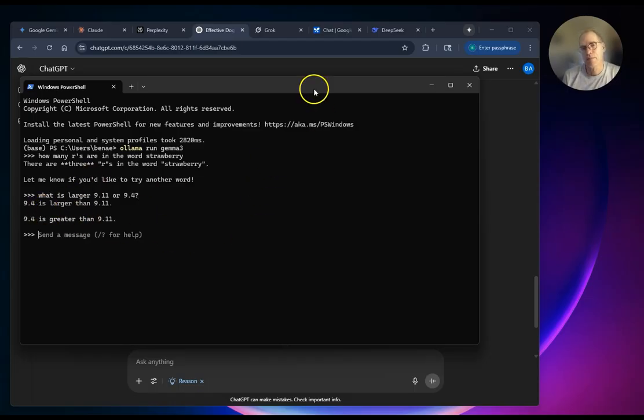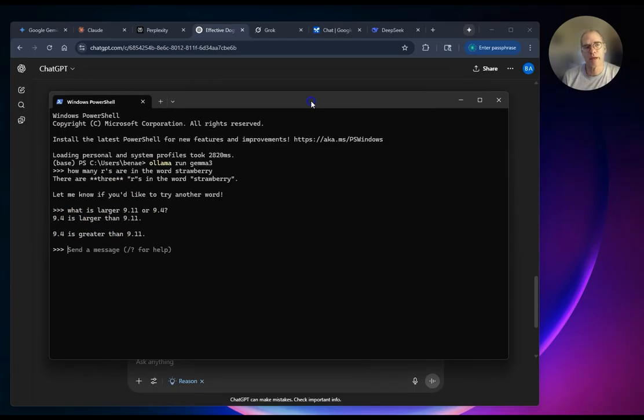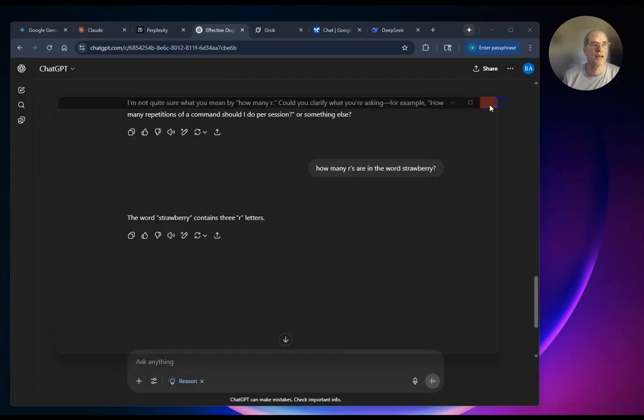Okay, so they're getting so much better. If I'd asked that question of your typical downloadable large language model probably 6 months ago, it might very well have gotten that wrong, and very confidently given me an answer of like there's 4 R's or 5 R's or 1 R.